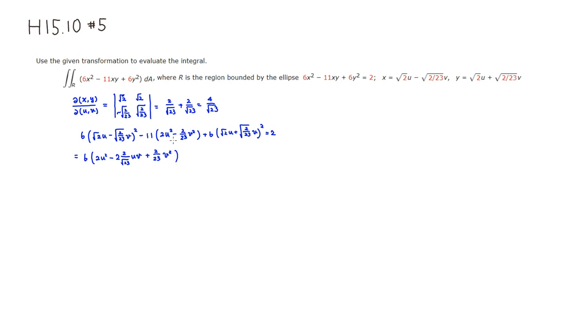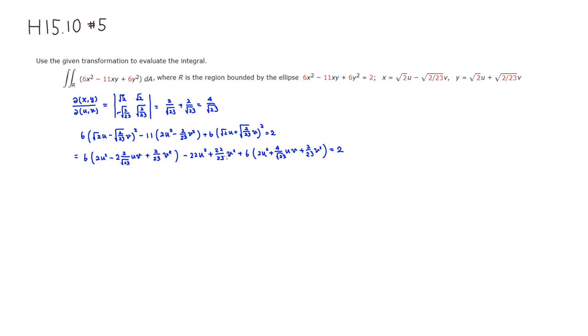Then I'm going to distribute this, so it's going to be negative 22 u squared, plus 22 over 23 v squared, and plus 6 times 2u squared, plus 2 times 2, so 4 over square root of 23 uv, and then plus 2 over 23 v squared, is equal to 2.